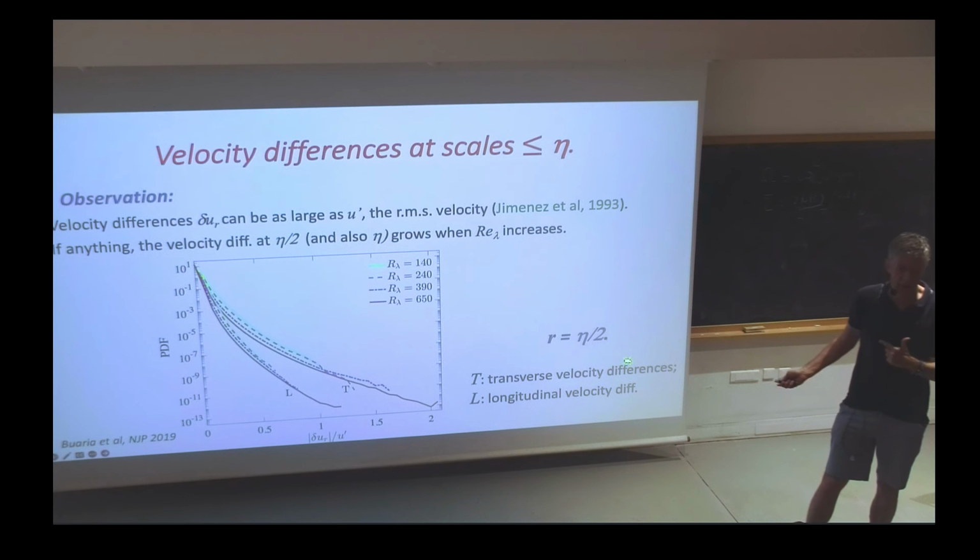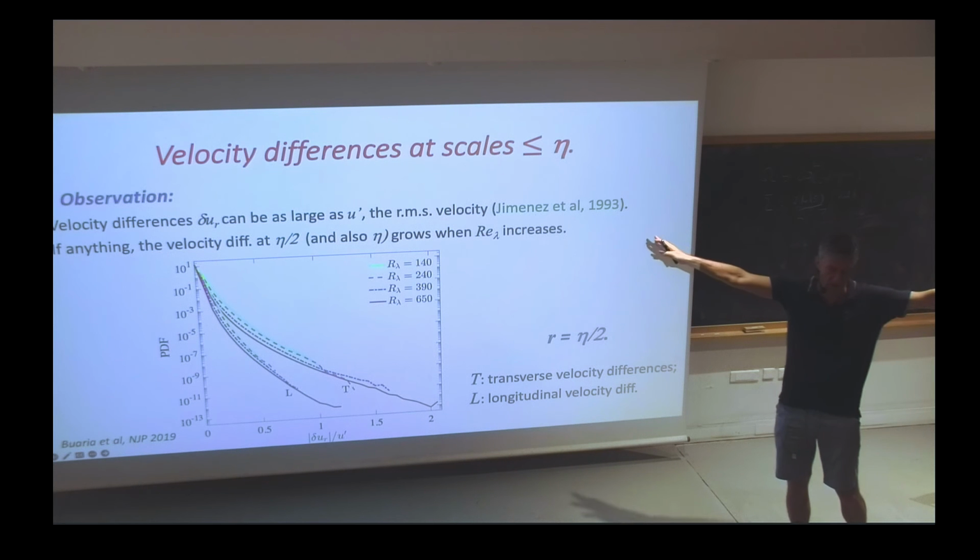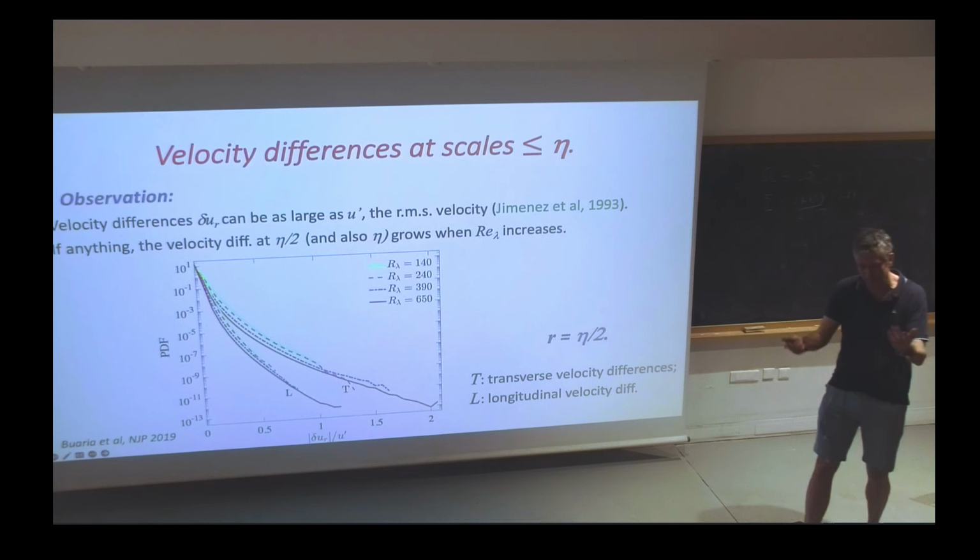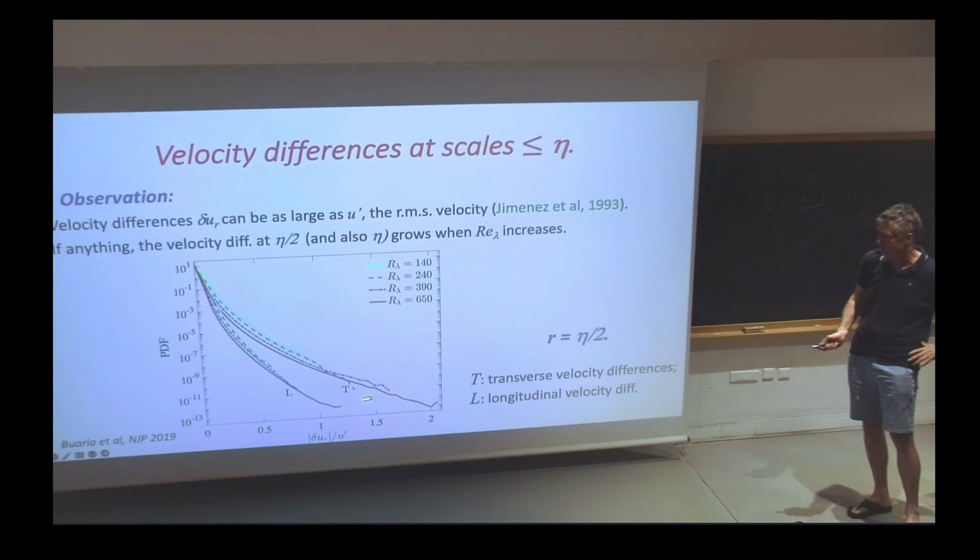And that one, contrary to these insane velocity gradients, is actually pretty Gaussian-ish. It doesn't have these insane fluctuations. If you look at the histograms, it's much more bounded, much like you'd have for a Gaussian.